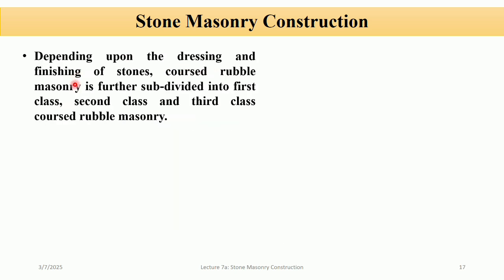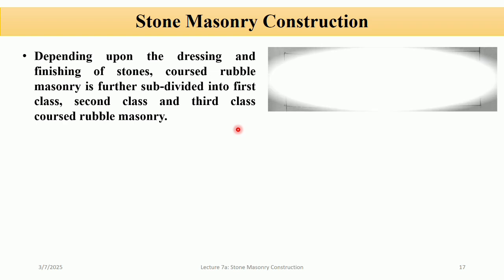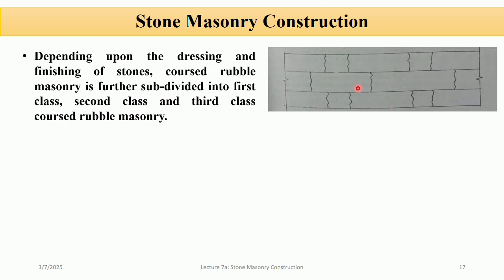Depending upon the dressing and finishing of the stone, coursed rubble masonry is further subdivided into first class, second class, and third class coursed rubble masonry. You can see this is the first class coursed rubble masonry. In this type, stones of the same height are used, and therefore all the courses are generally of the same height.